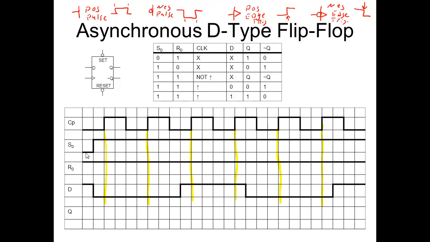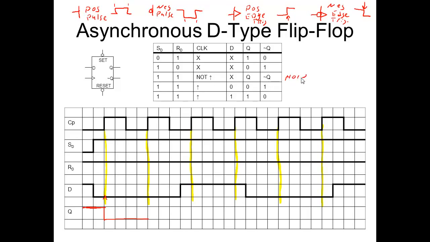So for this D-type flip-flop, we can figure out SD went low. If SD goes low, remember, it sets the flip-flop. So we're going to be set all the way over to that first positive edge. On this positive edge, Q is going to follow D. So if D is low right there, Q is going to go low. And it's going to stay low all the way over to here, because if it's not a positive edge, we're just going to hold.